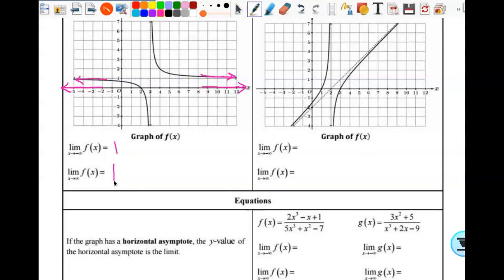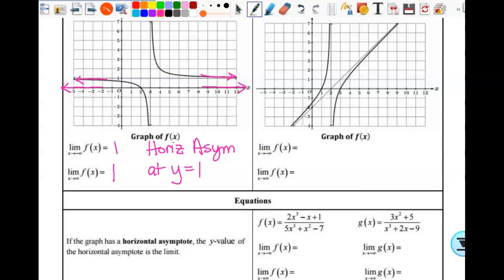Because we have a horizontal asymptote at y equals 1. So as x decreases without bound, the y values are getting closer and closer and closer to 1. As the x values increase without bound, my y values are getting closer and closer and closer to 1. One of them's approaching 1 from above, and one's approaching 1 from below, but it doesn't matter which way it's approaching it. It's just approaching it.